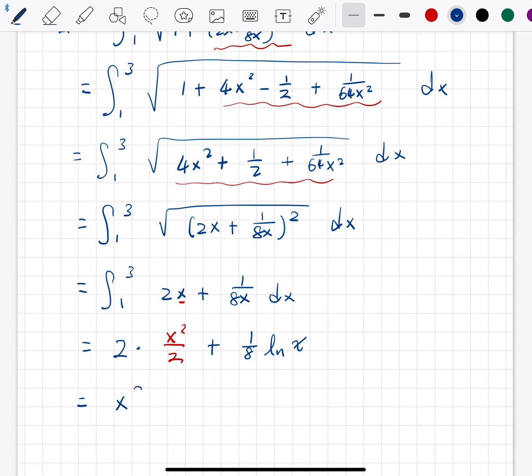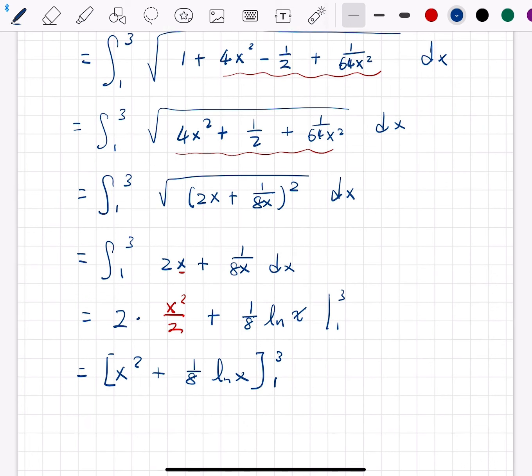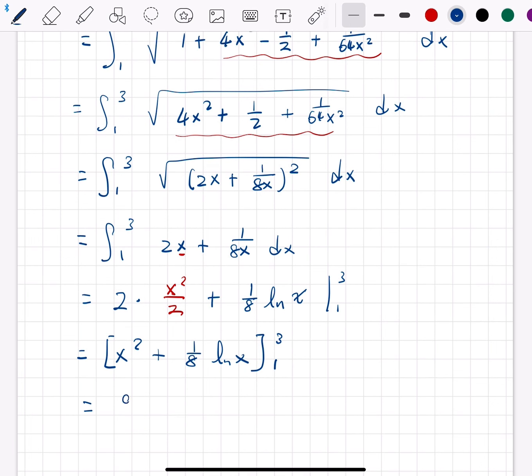We got x squared plus 1/8 ln of x, evaluated from 1 to 3, which is going to be 9 plus 1/8 ln of 3 minus 1 minus 1/8 ln of 1, where ln of 1 is equal to 0. So we ended up with 8 plus 1/8 ln of 3.